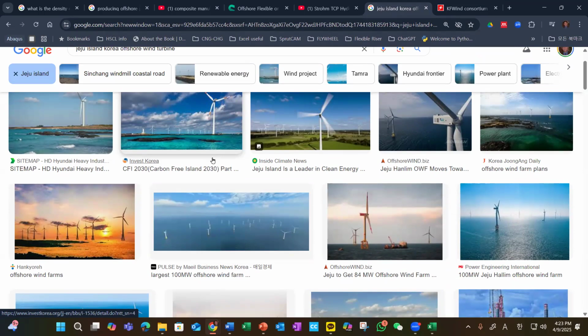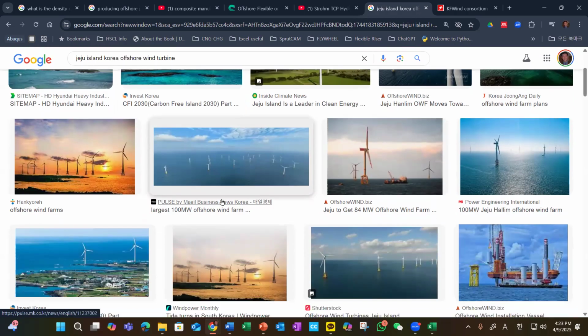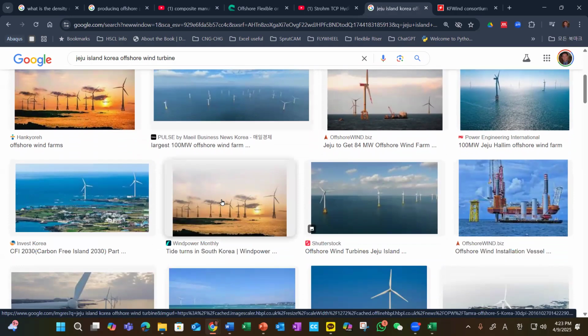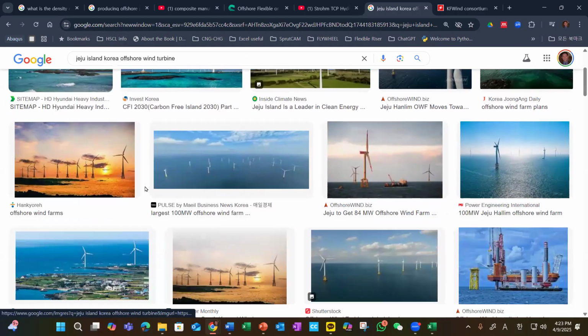But there will be a huge plan to have an offshore hydrogen pipeline system. As you can see, this is Jeju Island, Korea offshore wind turbines.